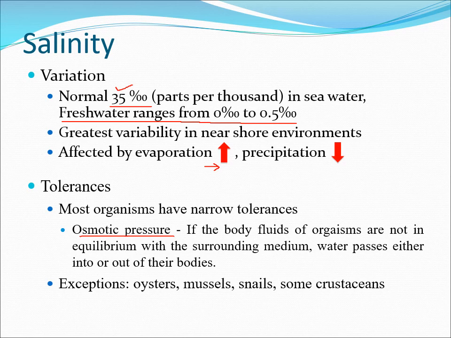So when the osmotic pressure of the body fluid is disturbed, either the organisms get an amount of salinity that they cannot sustain, or the body fluid of the organisms is immensely removed from their body, so the organisms become dehydrated and ultimately suffer death.